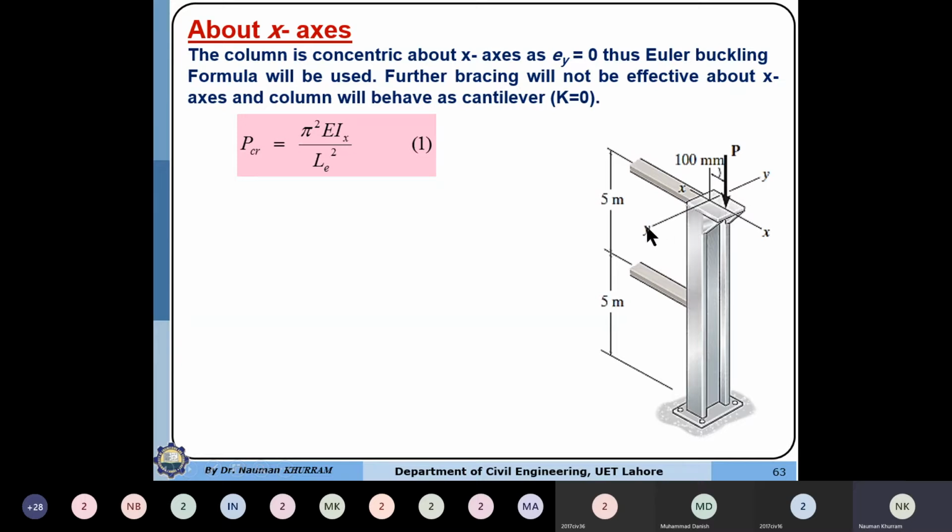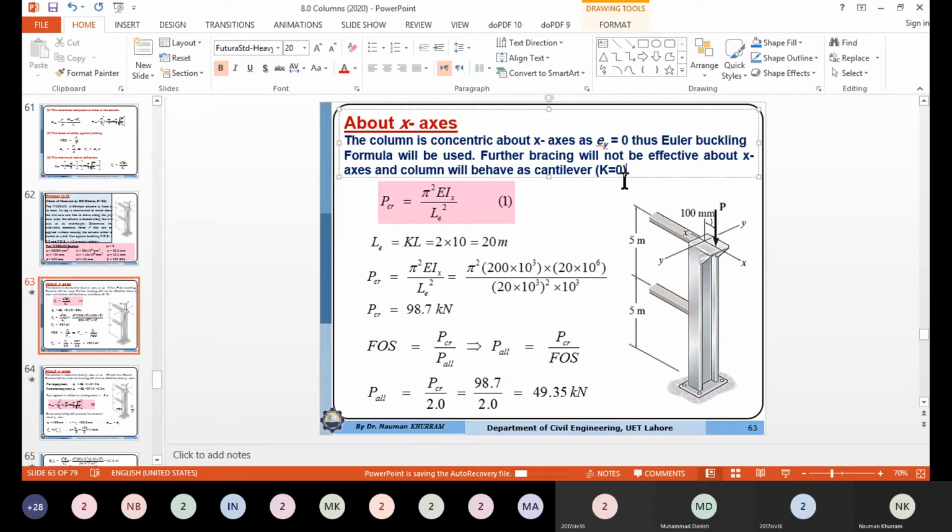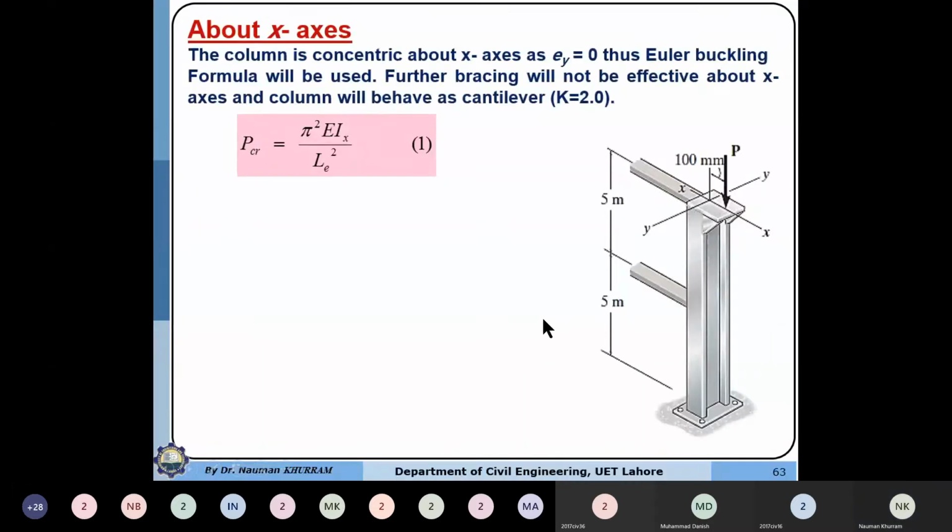So it is a cantilever about the x-axis or in y direction. So K value of 2.0 will be considered. So further, effective length will be equal to 2 into 10, 20 meter.